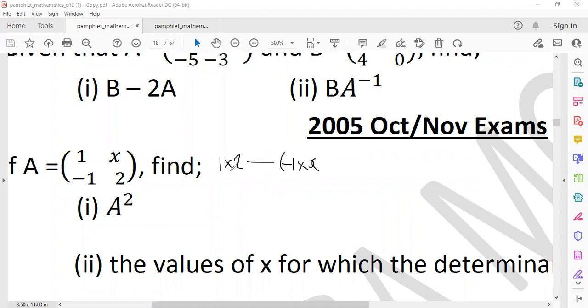So we know that 1 by 2 is just 2, minus, open brackets, 1 by negative 1 by x. That's negative x.